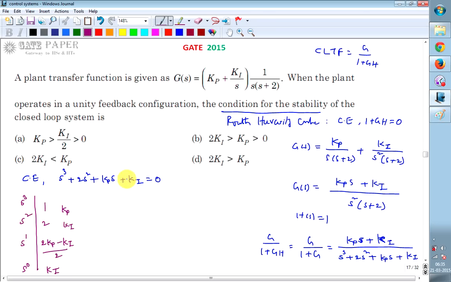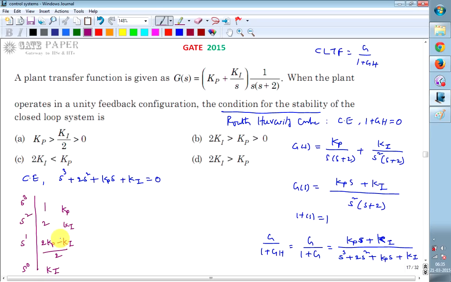Stability is specified by the Routh-Hurwitz criteria: if all the elements in the first column of the table are positive, then the system is stable.